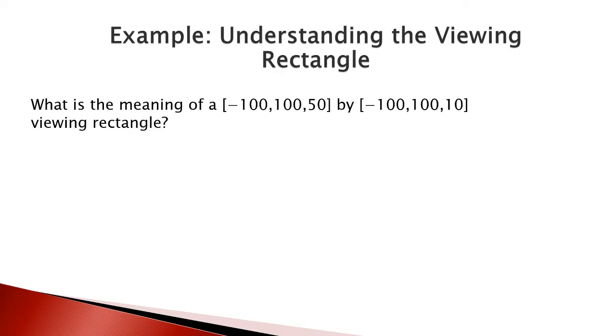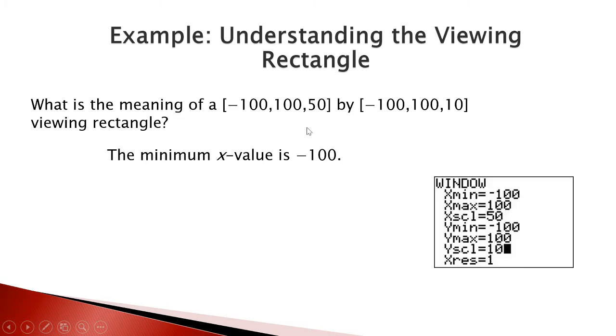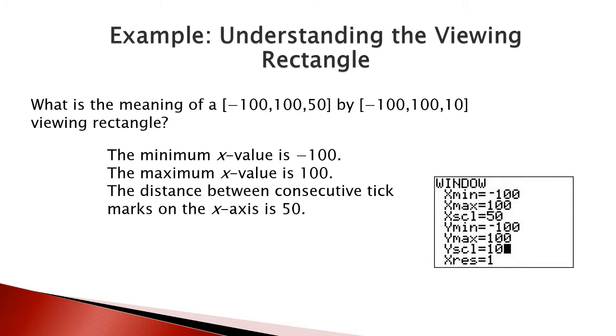So what do we mean if the viewing rectangle is represented in this form? Here, from this, we can say the minimum value of x is -100, the maximum value of x is 100, and the distance between the consecutive tick marks on the x-axis is 50 units.